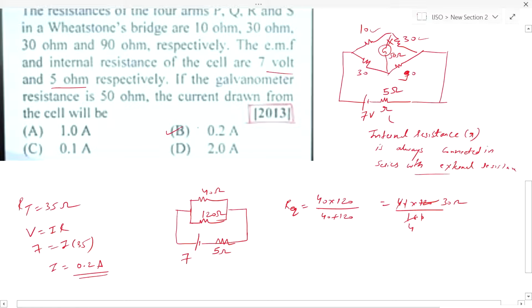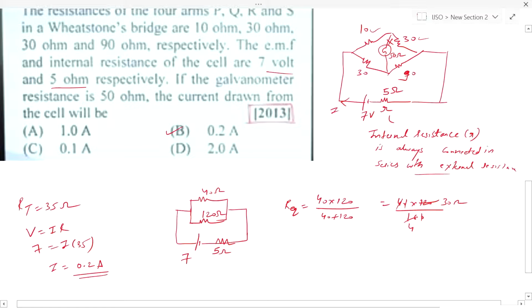This is correct. But the galvanometer won't get anything, right? Because it's in the middle of the bridge. Galvanometer is always connected in between. Since it's a Wheatstone bridge, no current will pass through it. The question is how much current will pass through it. It should be 0. Current won't pass through this, but in the circuit current will flow.